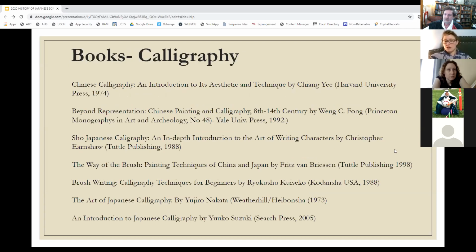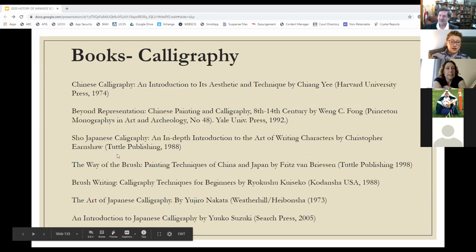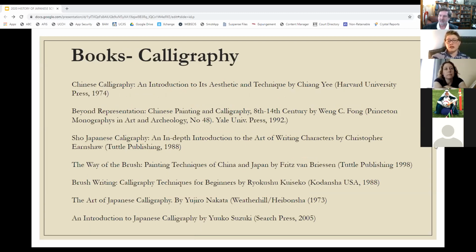And here are all the books in the world you could ever want on calligraphy, both Chinese and Japanese calligraphy. So I have currently in my possession the Sho Japanese calligraphy. I really like that one. And The Way of the Brush, which is painting techniques as well as calligraphy. So that one I highly recommend if you want to learn painting techniques.